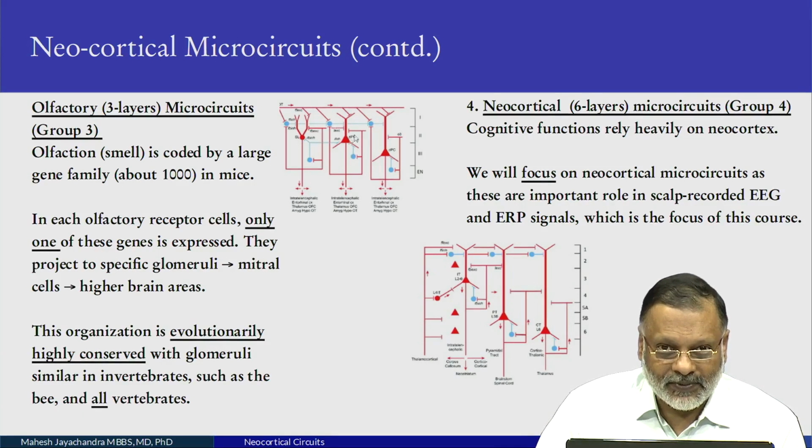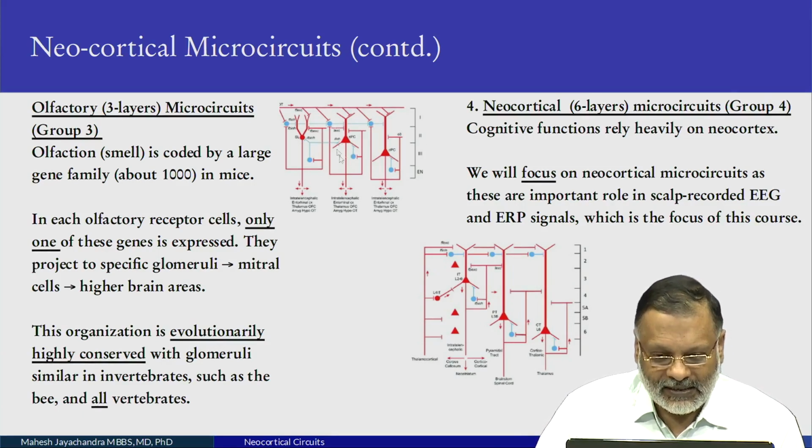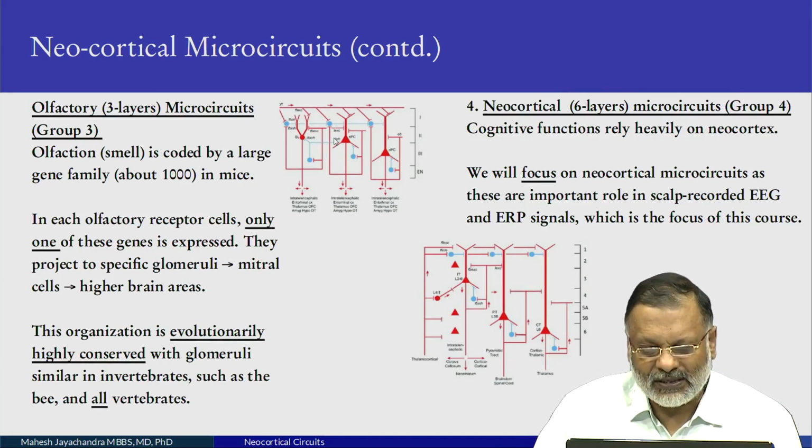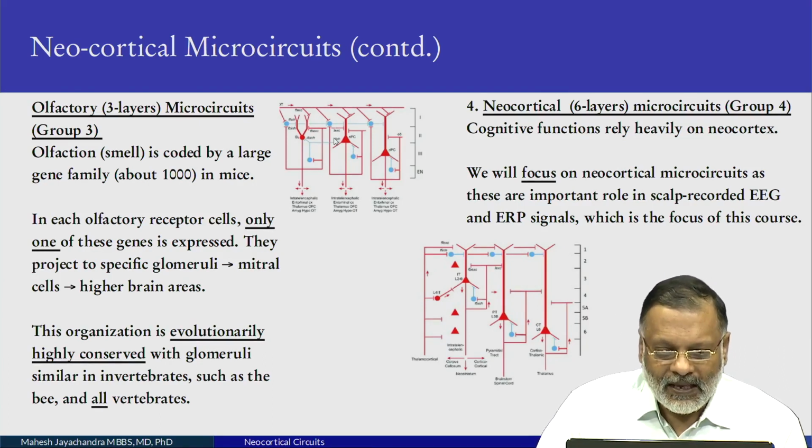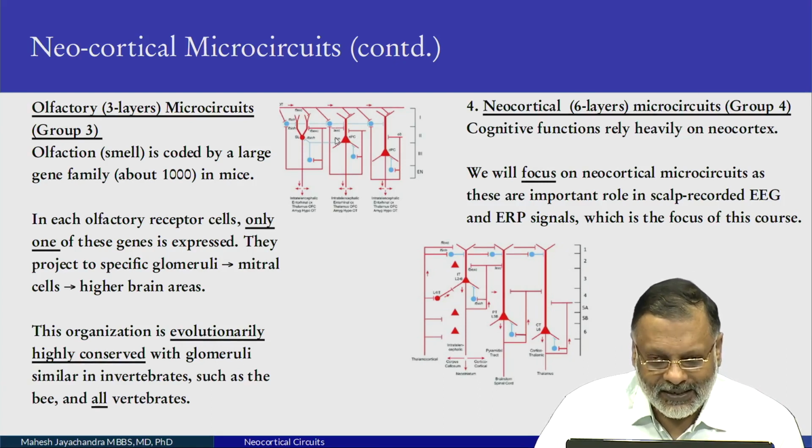Here you see a typical schematic of a 3-layered cortex. And even the hippocampus we haven't discussed that much. It's a deep brain structure for spatial coordination and orientation in space. So that is also a 3-layered structure.